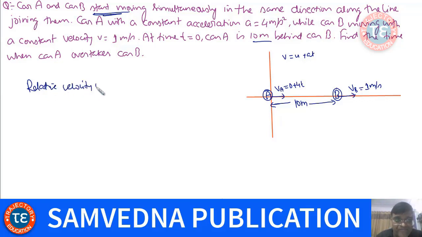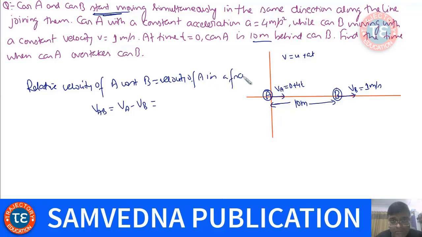So the relative velocity of A with respect to B is the velocity of A minus velocity of B. That is the velocity of A in a frame attached to B. So relative velocity is 4t minus 1 meter per second, and the distance initially was 10 meter between them, and finally we want the distance to be 0.